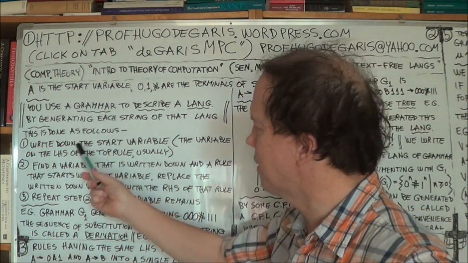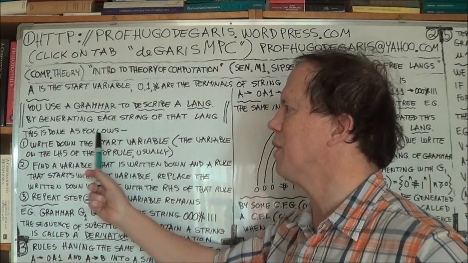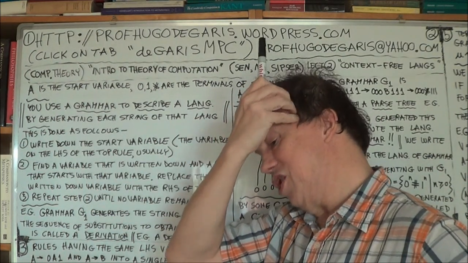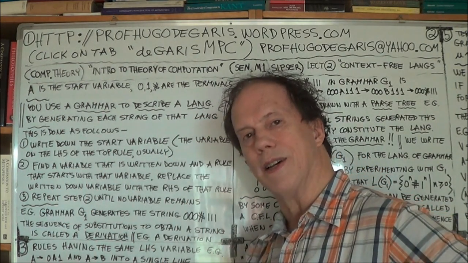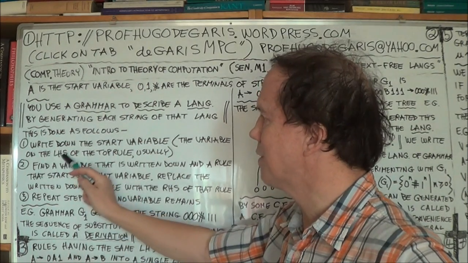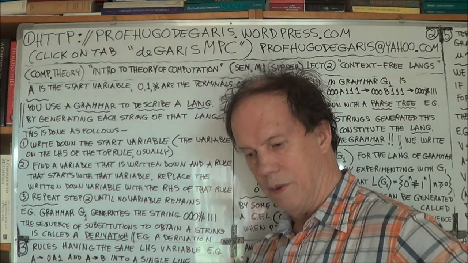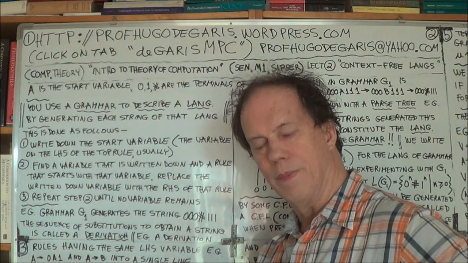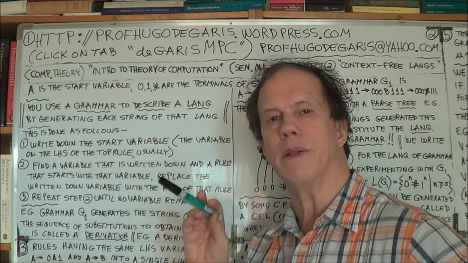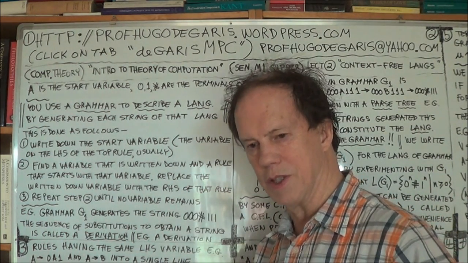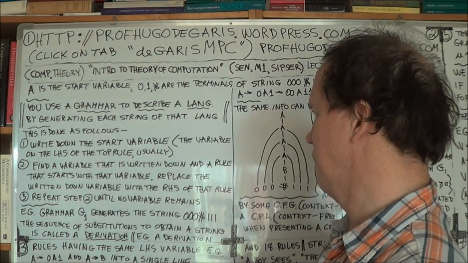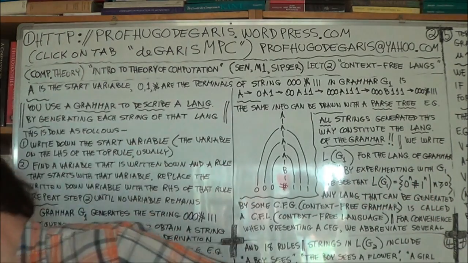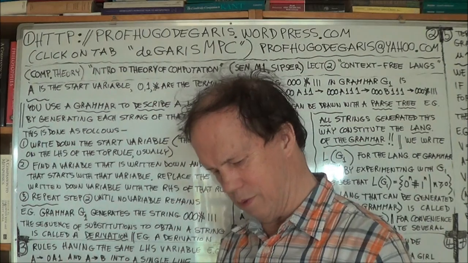Conventionally, it's the left-hand side, LHS, of the first rule in your R, R being the set of rules.